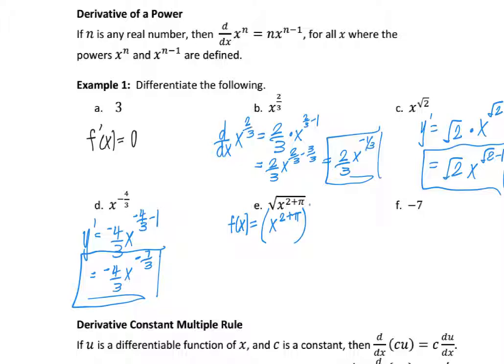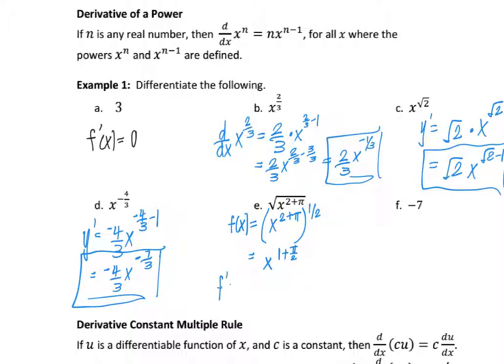And instead of writing the square root, I'm going to write the 1/2 power. And from the power rules that we went over in 1.5, we know when we have a power to a power that we multiply those together. So I essentially say 2 plus pi times 1/2, which comes out to be x to the power of 2 times 1/2 is 1, and pi times 1/2 is pi over 2.